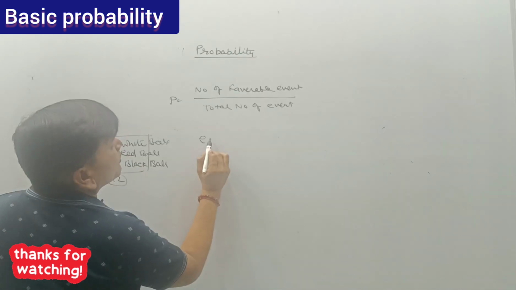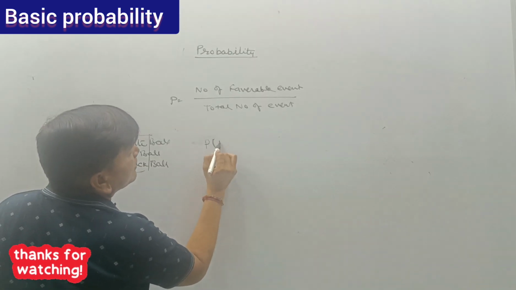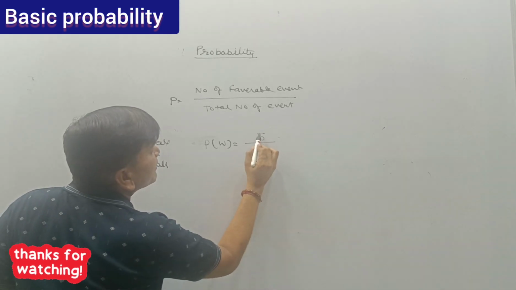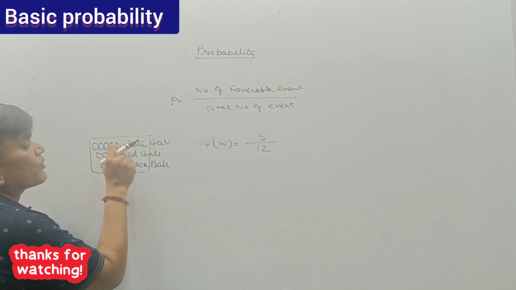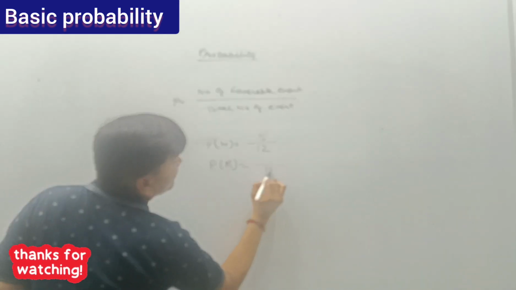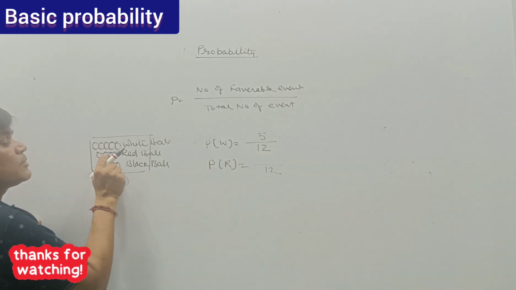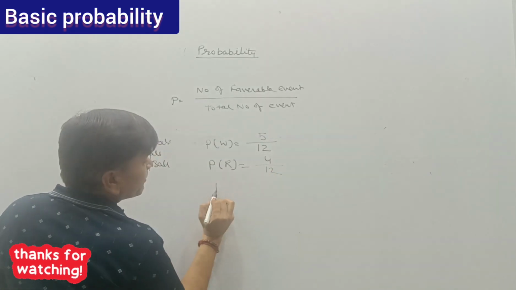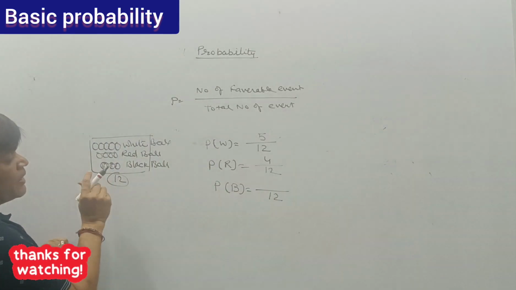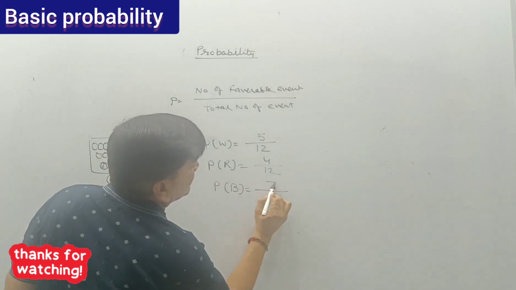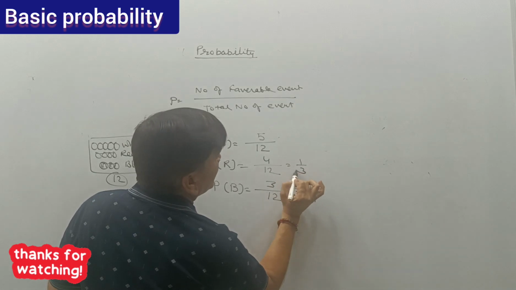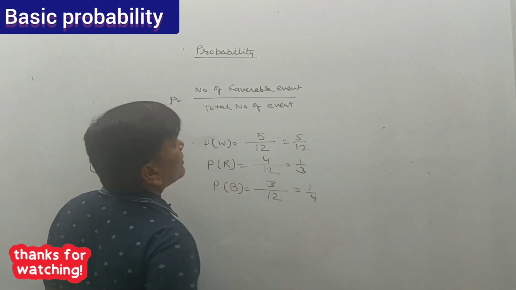For getting a white ball, total is 12 and favorable is 1, 2, 3, 4, 5. Probability of a red ball: total 12 and favorable red is 4. Probability of a black ball: total 12 and favorable black is 3. So in this manner we can calculate the probabilities: 5/12, 1/3 and 1/4.